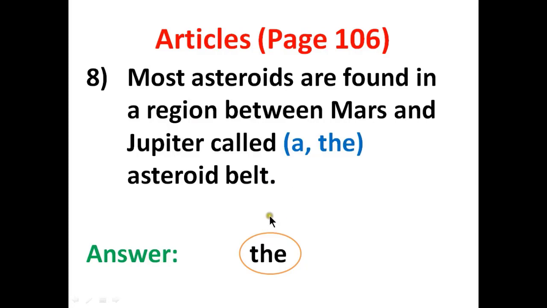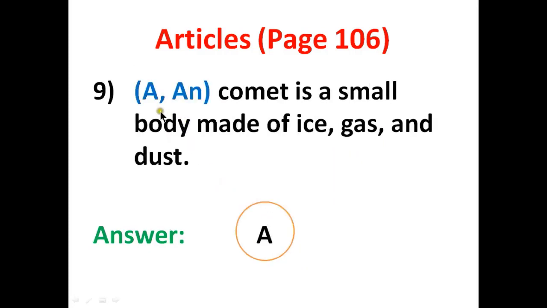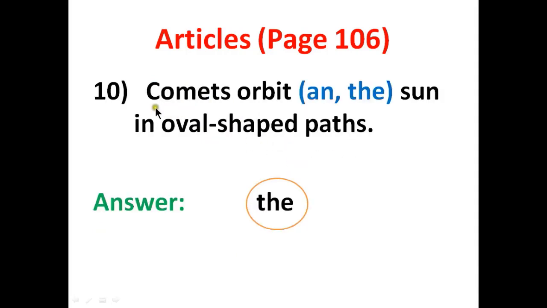Here you will circle the. Number 9. A comet is a small body made of ice, gas and dust. And the last one, comets orbit the sun in oval-shaped paths. You will circle the article the.